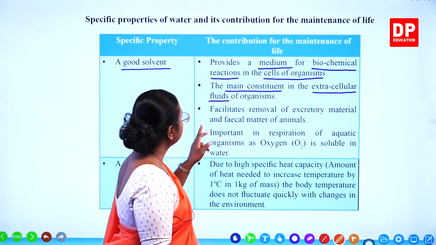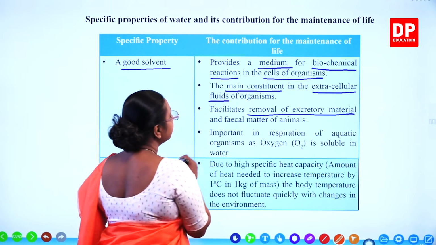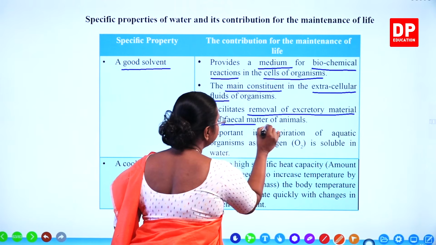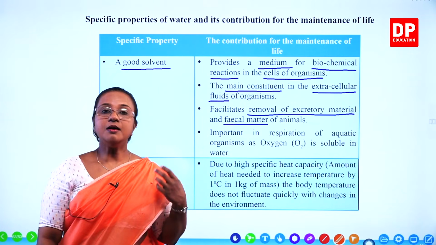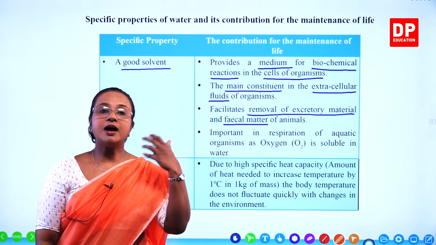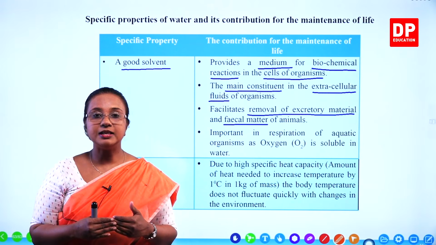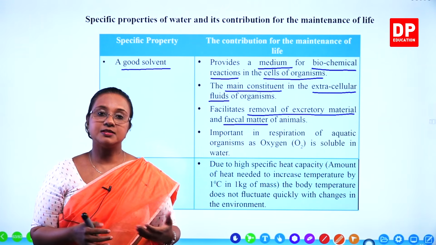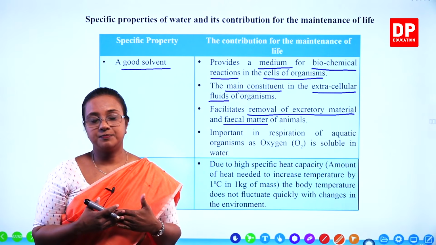Then the third one facilitates removal of excretory material and fecal material. So, when there are biochemical reactions taking place in the body, there are waste materials produced. When we say waste material, it is a chemical substance produced during the metabolic activity.